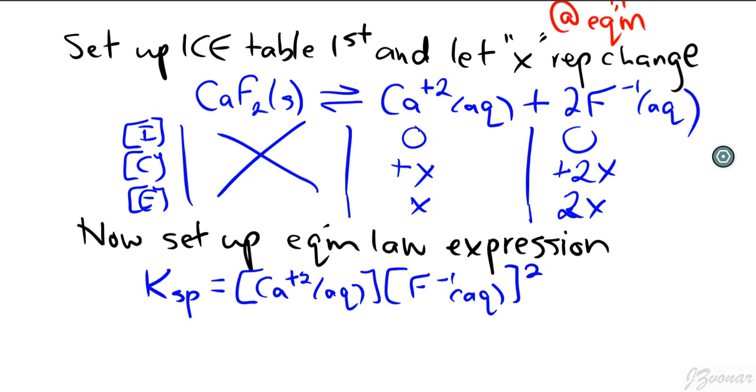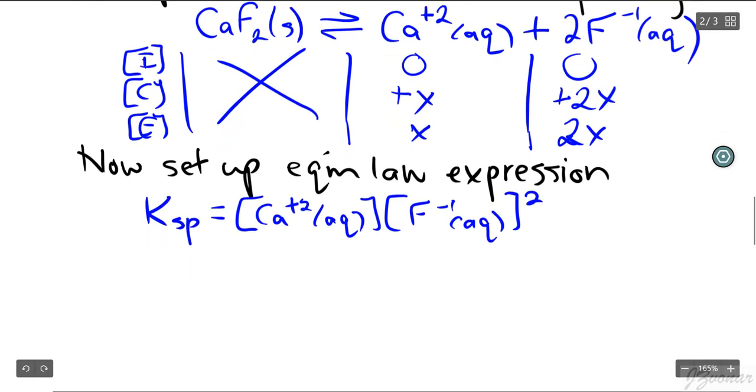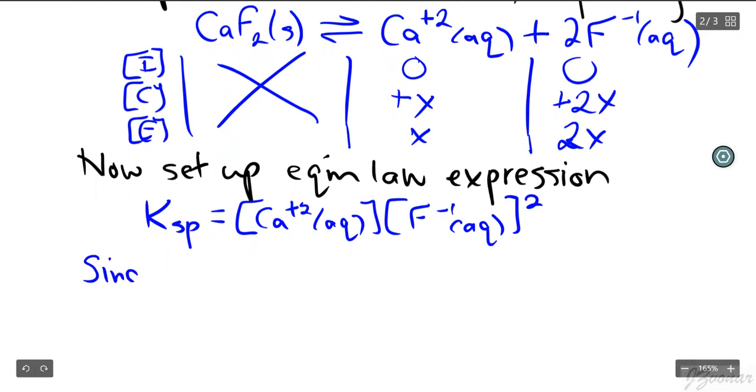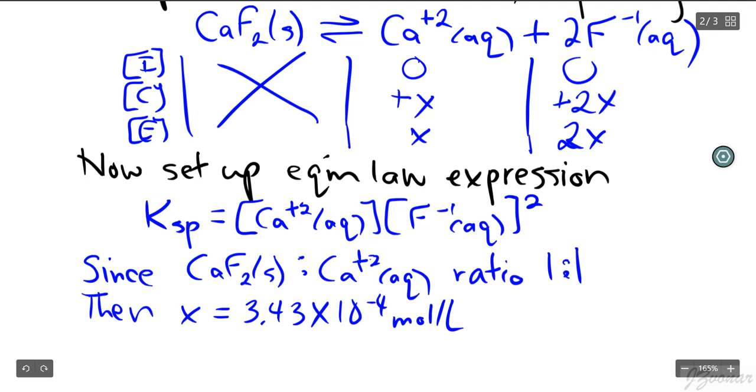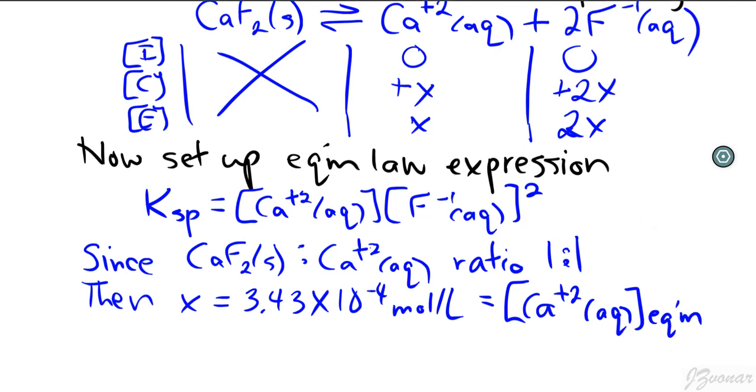Now, since there's a ratio of calcium fluoride to my calcium ions, the ratio is 1 to 1. Okay, so then x, which is the concentration of calcium ions, is equal to 3.43, which we calculated, times 10 to the negative 4 moles per liter. This equals the concentration of the calcium ions at equilibrium. Which means now I can find 2x.